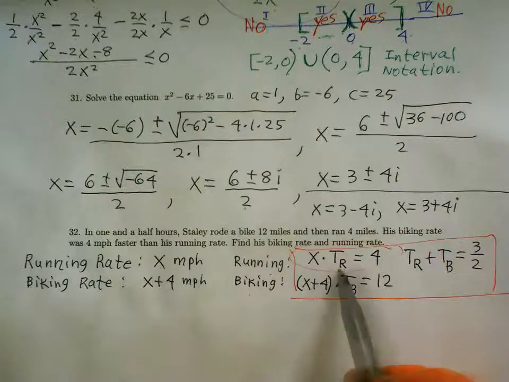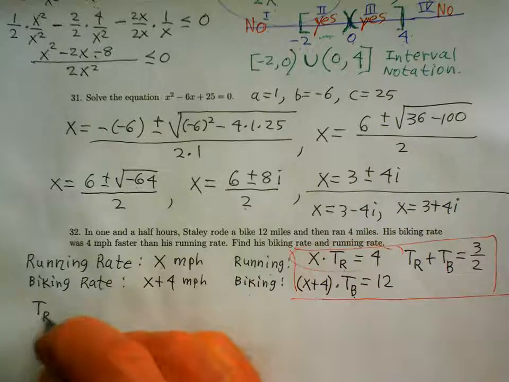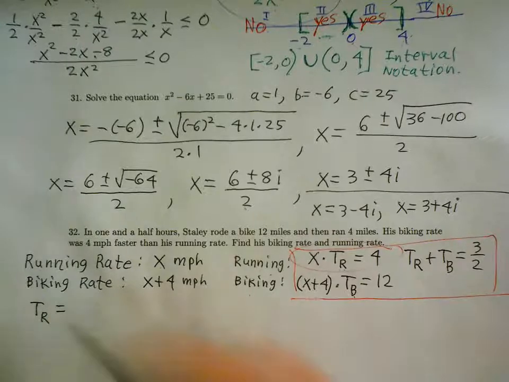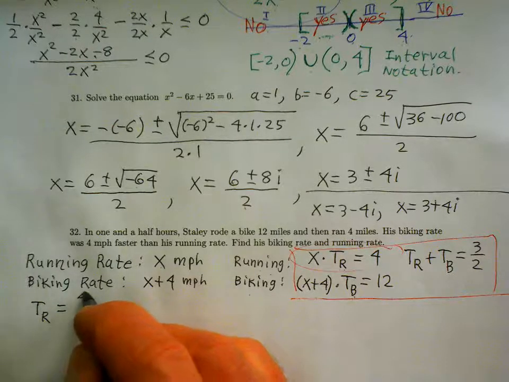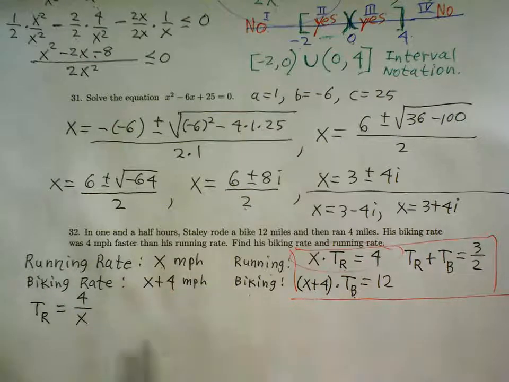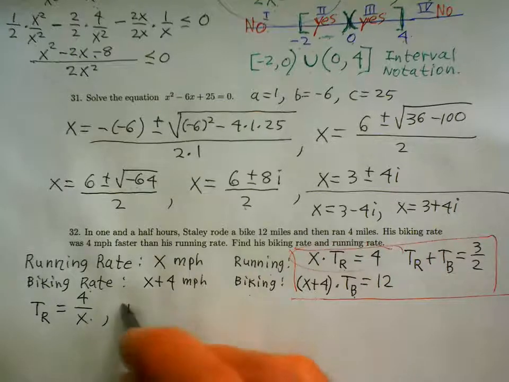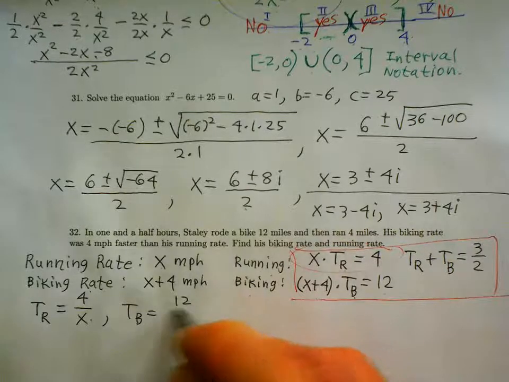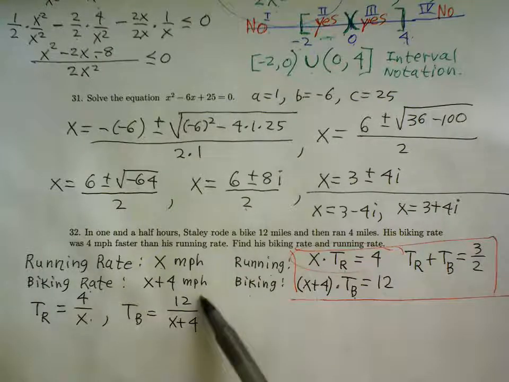So time is equal to distance divided by rate. The amount of time it took to run 4 miles is equal to 4 divided by x, distance divided by rate. The amount of time it took to bike 12 miles is 12 divided by x plus 4. Time is equal to distance divided by rate.